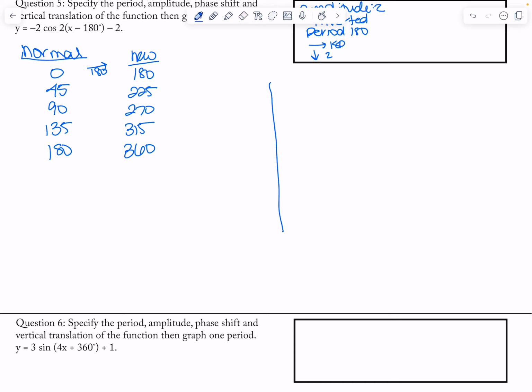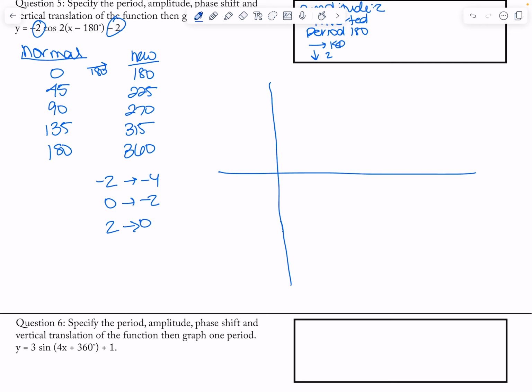That's not the equidistant part. Hold on. I need to fix this. I normally plot -2, 0, and 2 for an amplitude of 2. When I shift down by 2, I have to subtract 2. So that's a -4 and a -2 and a 0. I'm like, oh my goodness. My brain right now just cannot handle this.